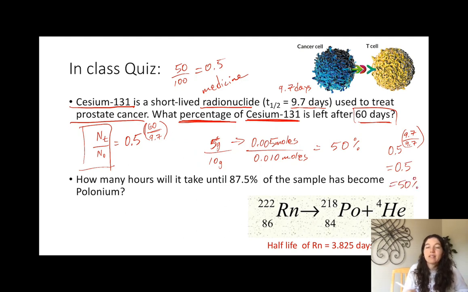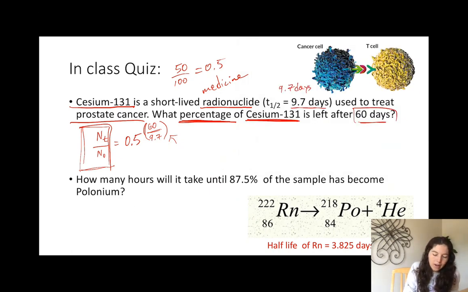So if your half-life is the same amount of time that has passed, then you have 50% of your initial radionuclide remaining. So it's asking you to find this percentage here. It's not 50% because these are not equal to each other, and I'm going to ask you to determine that amount.